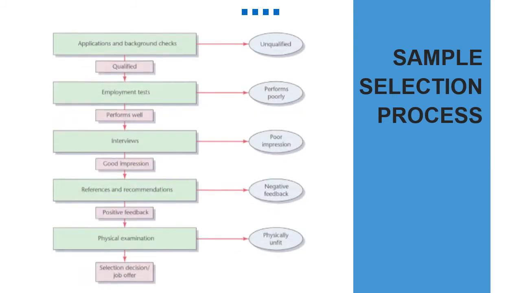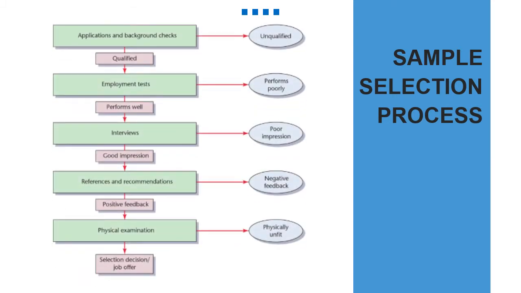We have here a sample of a selection process that is commonly used in different industries. It starts with the applications and background checks, wherein when you qualify, the next phase would be the employment test. Then if you performed well, an interview would follow.